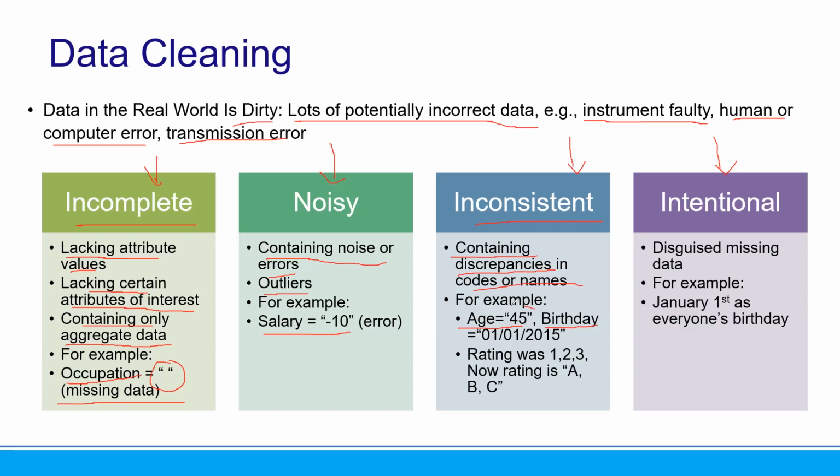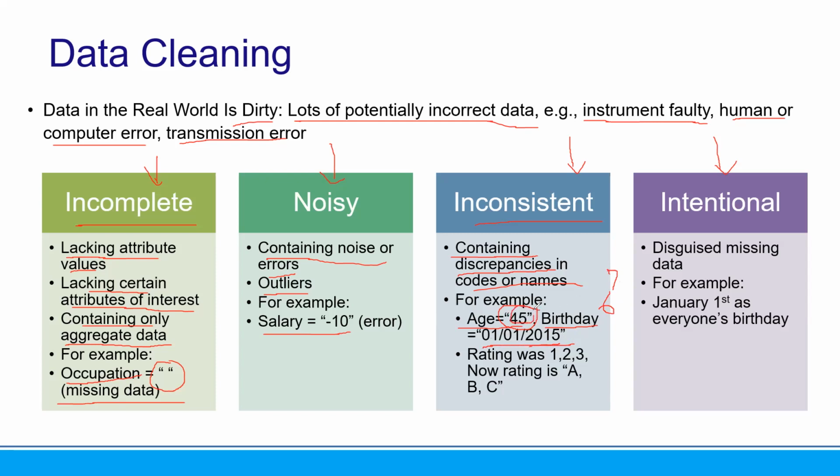The age is 45, but the birthday is January 1st, 2015. Do you think it is right? It's inconsistent. If the birthday is 2015, maybe he or she is now 6 or 7 years old. But why 45? So it is inconsistent.